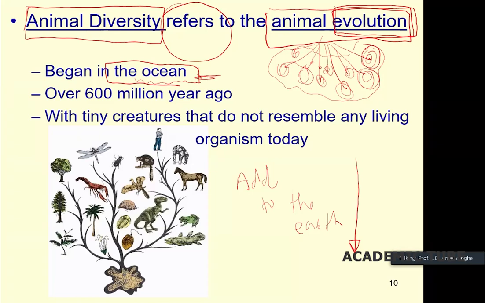That is the origin, water. So that particular thing initiated, that is the beginning of animal life, similar to animals, 600 million years ago only. This animal origin took place in the ocean.